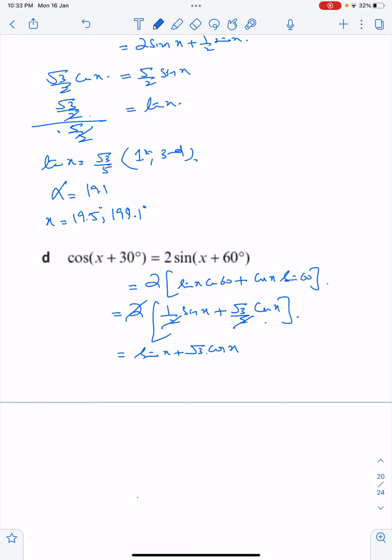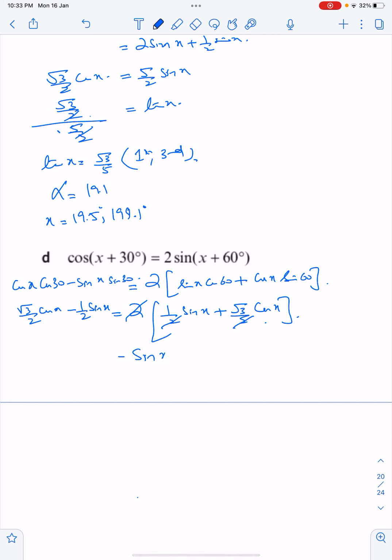Okay, this will become cos of x cos 30 minus sin of x sin of 30. Cos of 30 is root 3 upon 2 cos of x, minus sin of 30 is half sin of x. Okay, now I'm going to shift all the terms with sin x on one side.